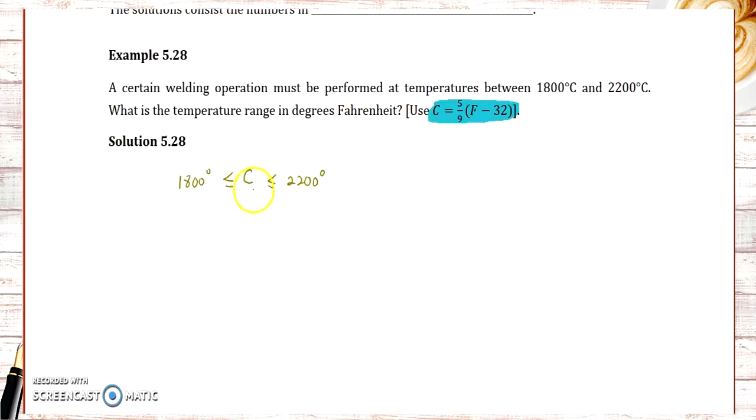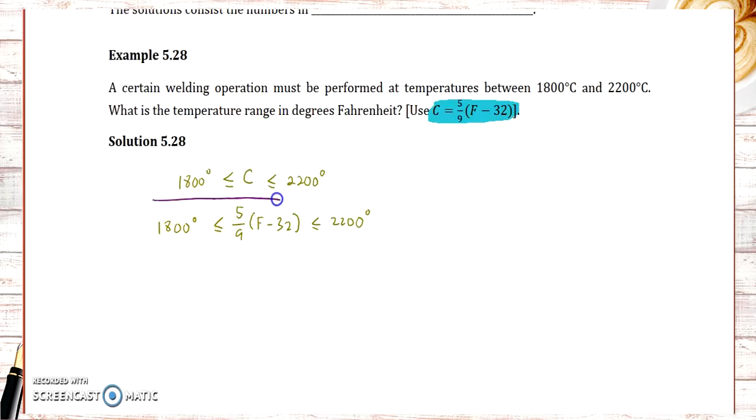Then we change the unit from Celsius to Fahrenheit by using this formula. C is equal to 5/9 times F minus 32, and also in the same range, 1800 degrees until 2200 degrees. We want to find the range in Fahrenheit. So let's do one by one.